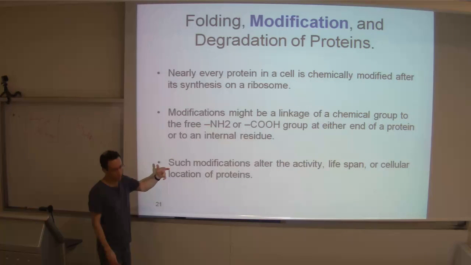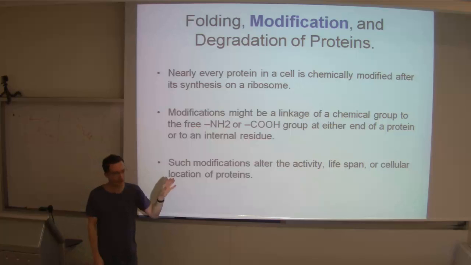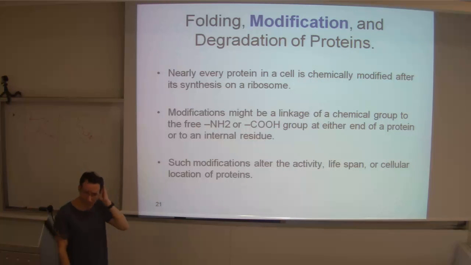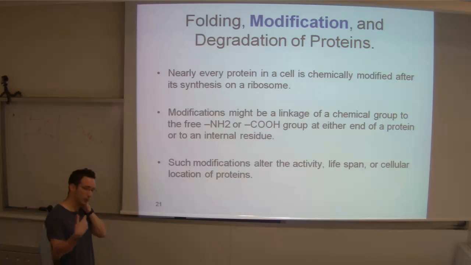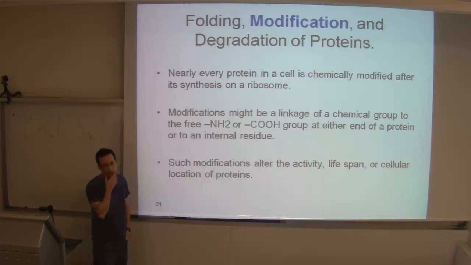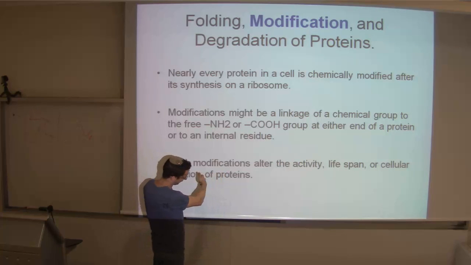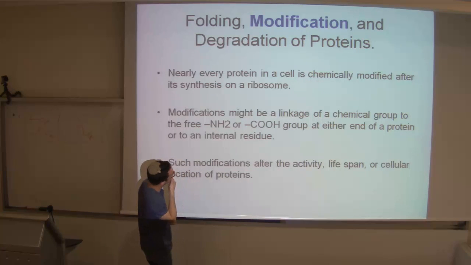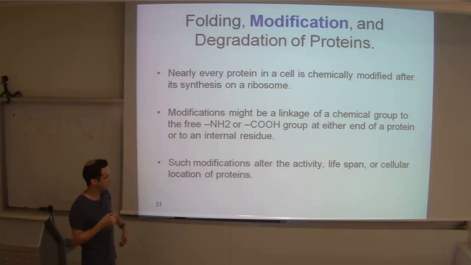Modifications can be a linkage of a chemical group, either to the N-terminal of the protein, which you've already defined, or somewhere in the middle of the protein. And these modifications alter everything that the protein performs. They alter its activity, its lifespan, or even its location in the cell.